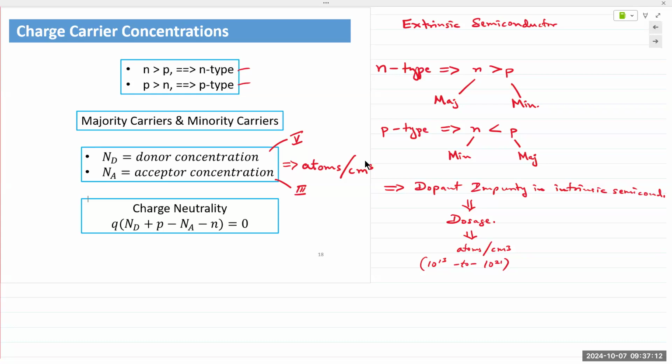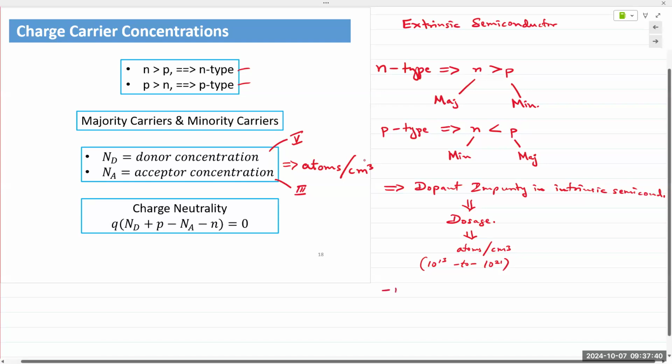So in an N-type material, for instance, you have intrinsic electrons, intrinsic holes, plus the extrinsic electrons from the impurity dopant. The intrinsic carriers are present due to temperature, so they are dependent on temperature. But the impurity dopant electrons are present regardless of temperature. So this is the big difference between impurity doping versus intrinsic charge carriers.